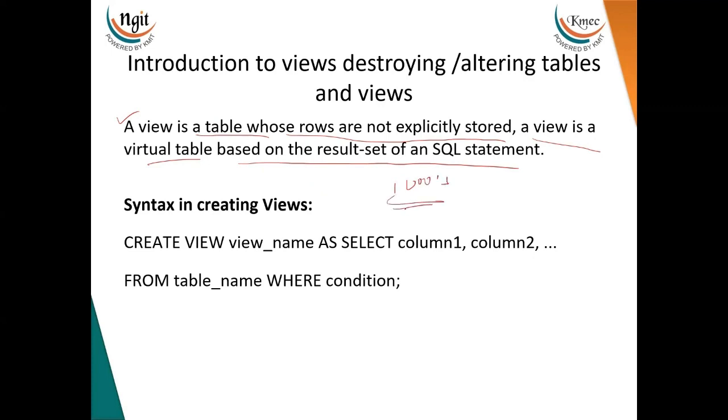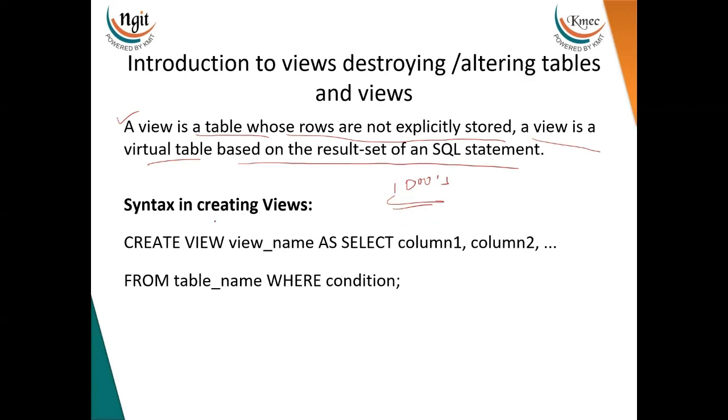But the user is not willing to access all the data in 1,000 columns. He specifically wants to retrieve the data from a few columns. So in that case, he can create a view and store the data of those particular columns.